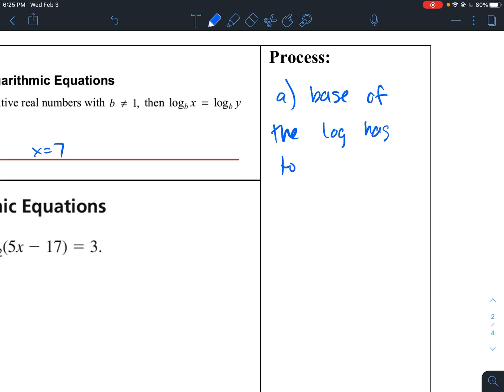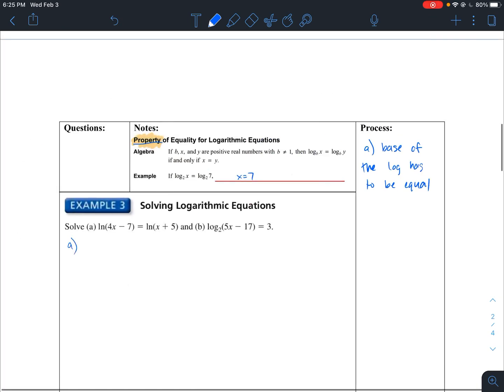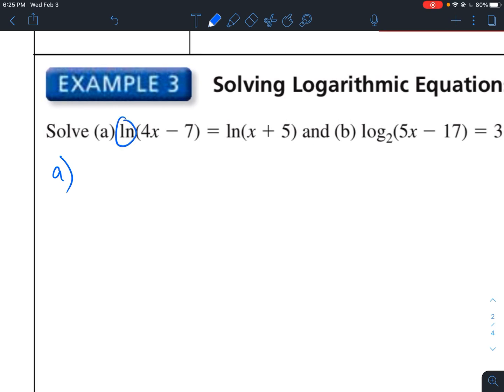So this is a natural log. Now, the natural log has a base of e. And here's a natural log, which is also base e. So these logarithms both have the same base.